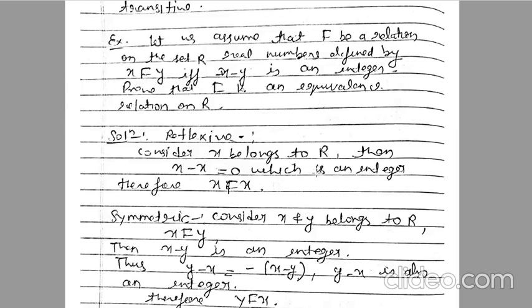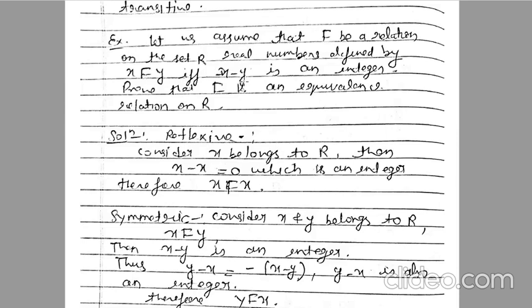So the first property is reflexive. That means a is related to a. So here x, y are given. So x is related to x and y is related to y, right? Consider x belongs to real numbers.